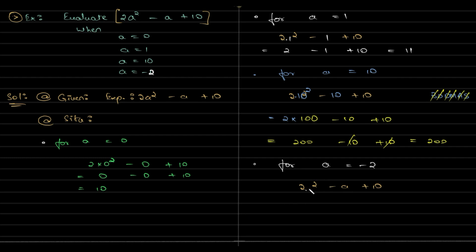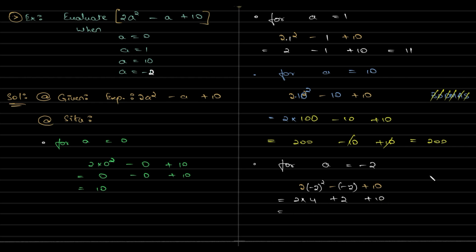In place of a, I'm going to write -2, the whole square. This is your basic idea of substitution. So 2 into -2 the whole square is 4, and negative of -2 is +2, plus 10.